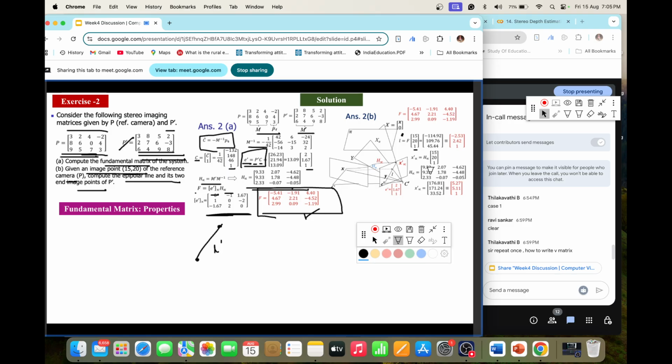By that you get your two end image points of p dash. The two end image points of p dash are 5.27 and 5.11. This is nothing but for scaling. So by that you can find the end point of your epipolar line L dash. That is how you can solve the question.